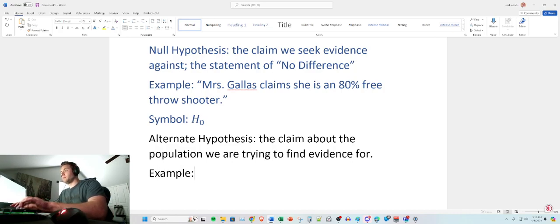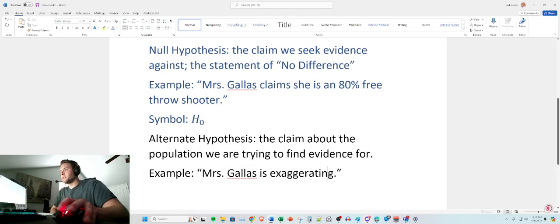Example. We could take this. We'll just take Miss Gallus again. So Miss Gallus is exaggerating. Okay, there it is. So that would be an example of an alternate hypothesis.